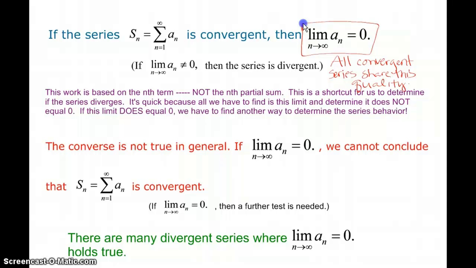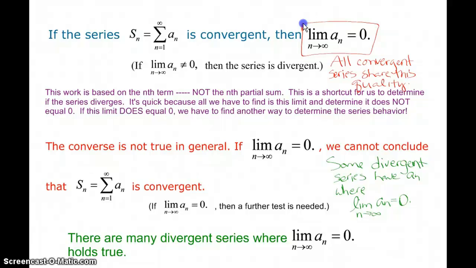The problem is that some divergent series share that quality as well. Some divergent series have A sub n, where when we put it in this limit and run n toward infinity, we also get 0.